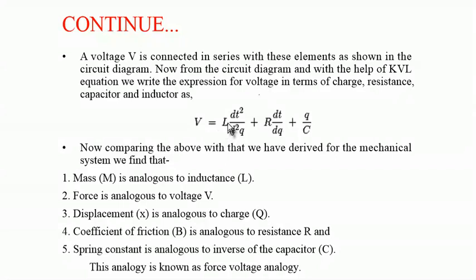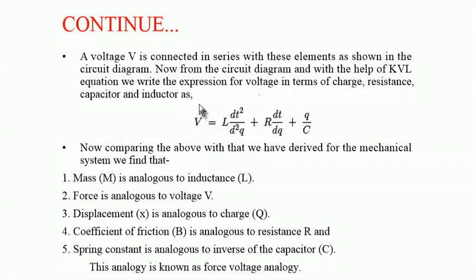Mass is equal to the inductance, R is equal to the friction B in mechanical systems, L is equal to M in mechanical systems, and C is equal to 1 by K, the inverse of the spring constant.